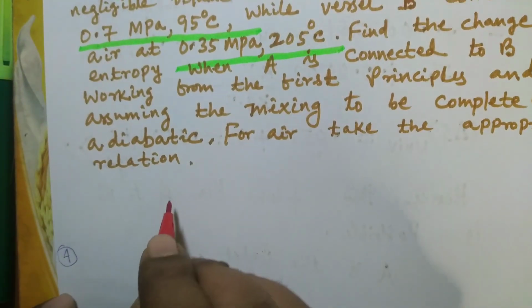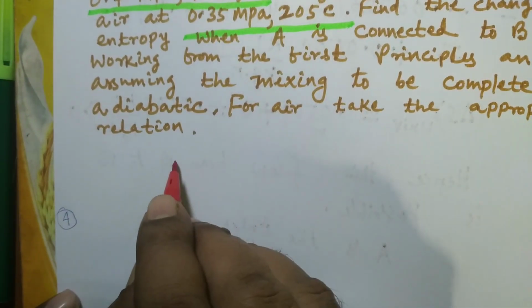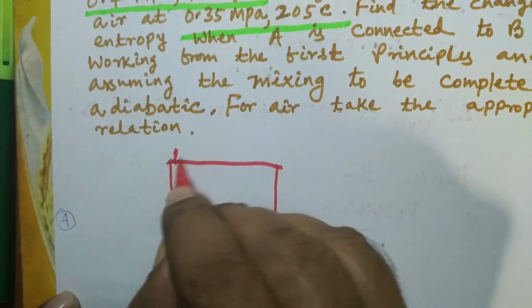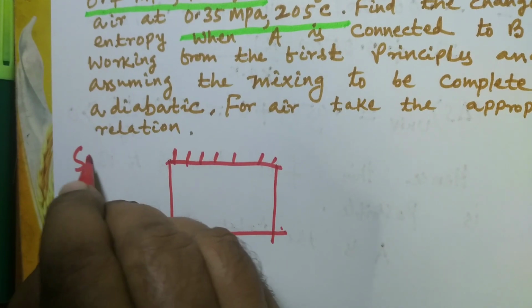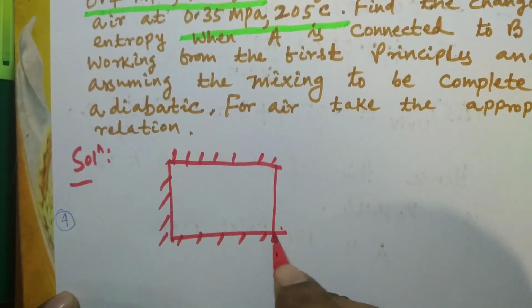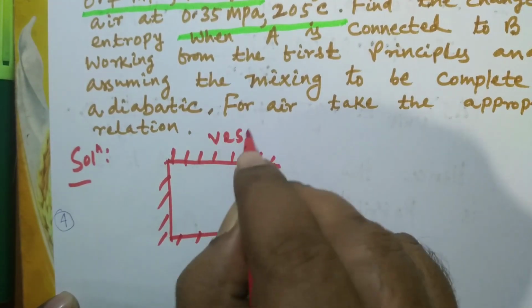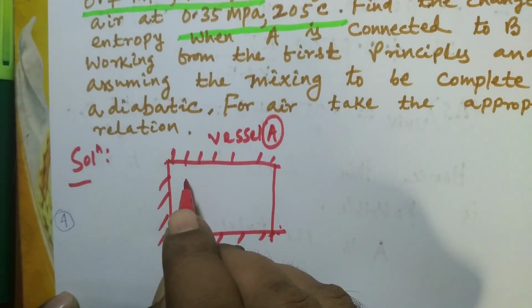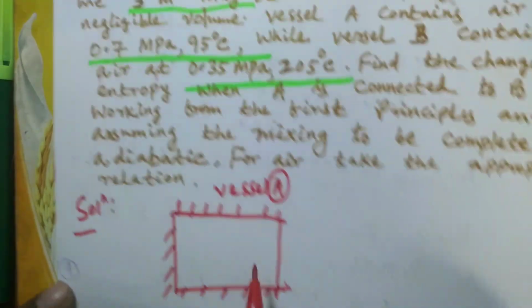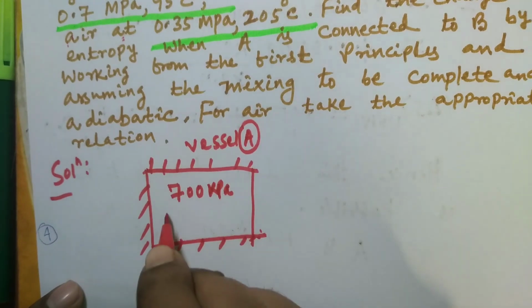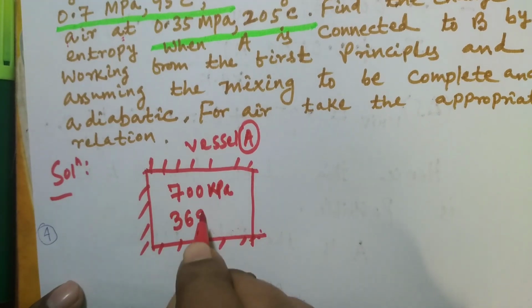So there are two vessels, vessel A and vessel B. Suppose this is your vessel A, 0.7 megapascal, that is 700 kilopascal, and temperature is 95 degrees Celsius, which means 368 Kelvin.